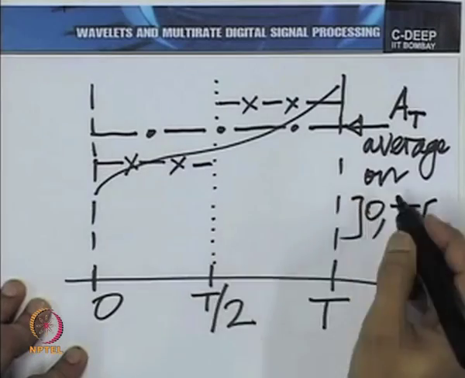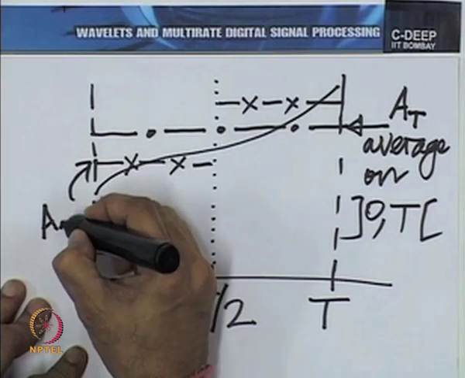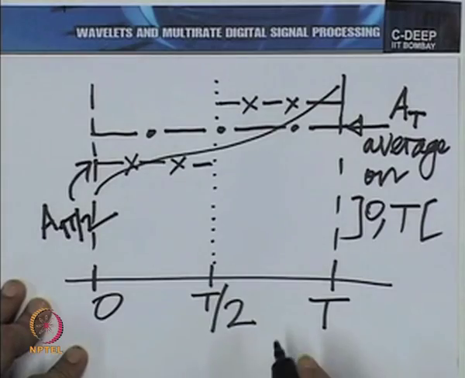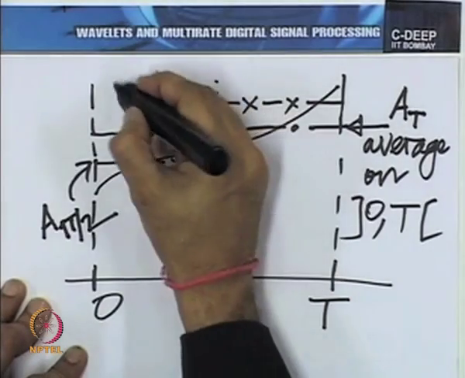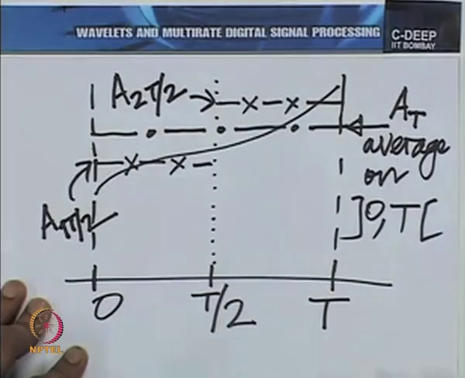Let us call this average A1 on t by 2, and let us call this average A2 on an interval of size t by 2, and let us write down the expressions for each of these averages. What are the expressions?